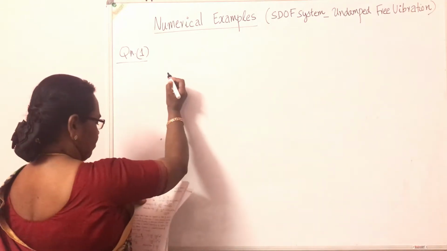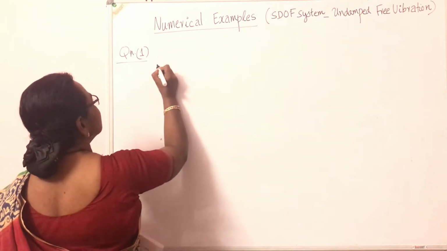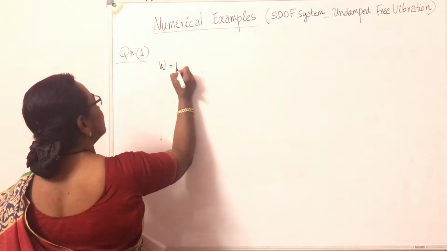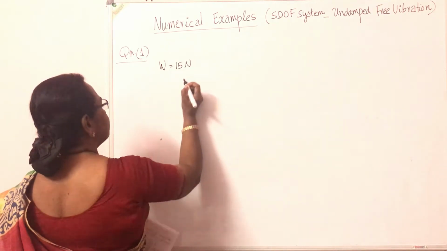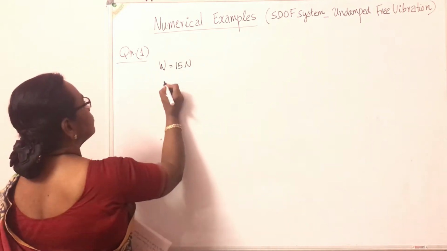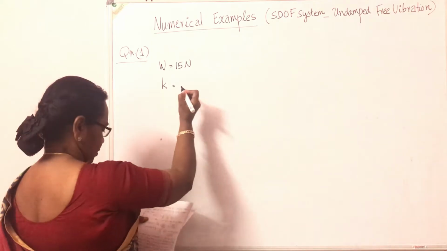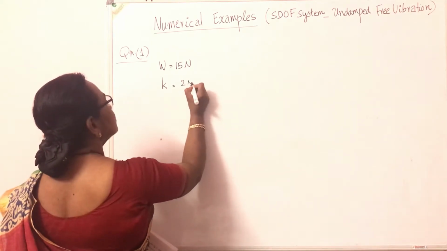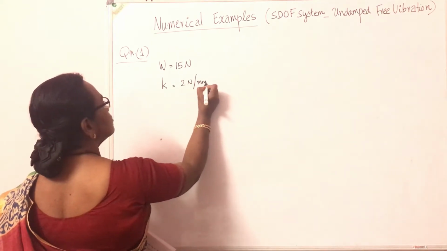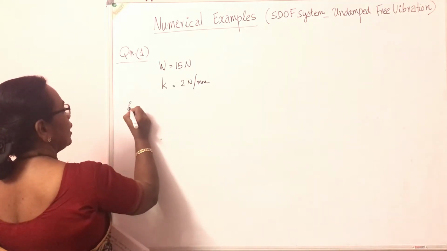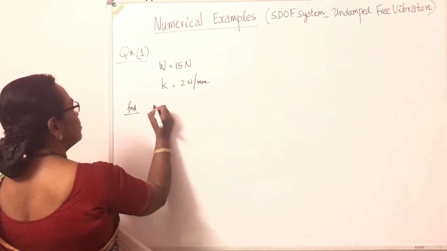The given data: weight 15 Newton is suspended by a spring of stiffness K, 2 Newton per millimeter. So this is the data given. We are asked to find the frequency of vibration.